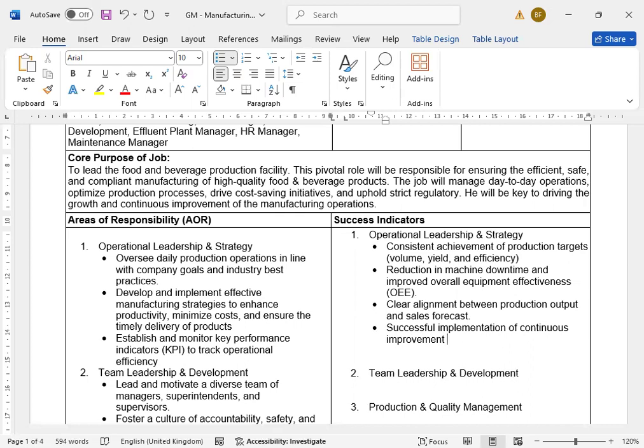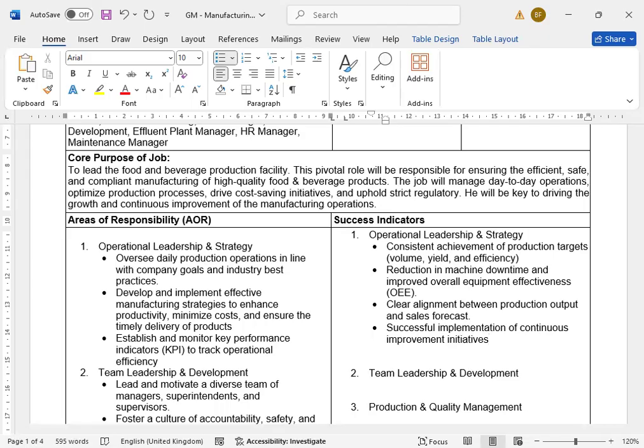Because we always adapt to the initiatives on continuous improvement. We always have an action plan on how to continuously improve the production or whatever you do. You have continuous improvement in your maintenance. You have continuous improvement in the warehouse, in managing the warehouse, things like that. Okay, initiatives.